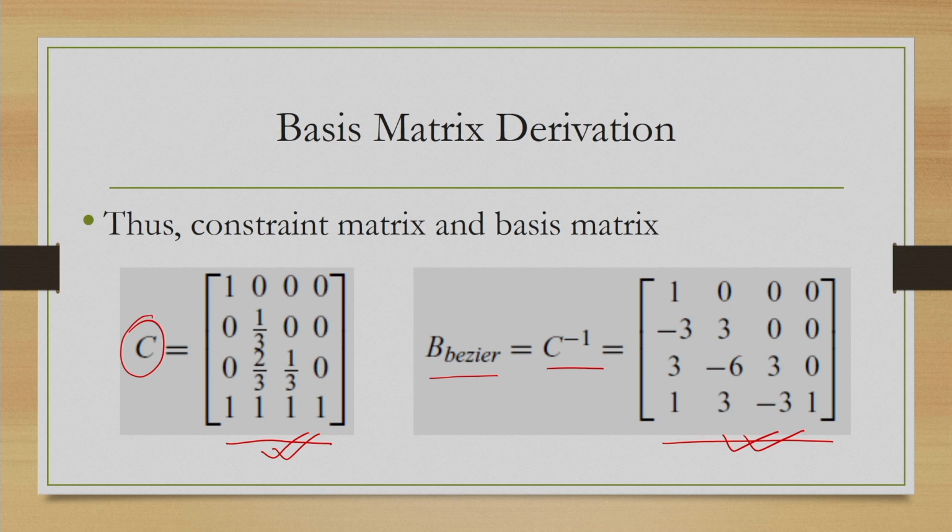So, note here we followed the same approach, that is, first we created the set of equations using the control point characteristics, then we formulated the constraint matrix, and finally we took the inverse of the constraint matrix to get the basis matrix.